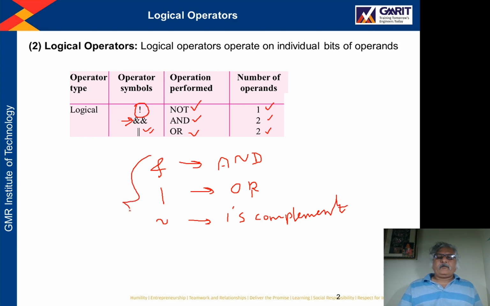So these are the bitwise operators. But in logical operators, two ampersand symbols is also an AND operation, just like one ampersand in bitwise, and two vertical bars is an OR operation, just like a single vertical bar in bitwise. So what is the difference between logical operators and bitwise operators? That we will see.